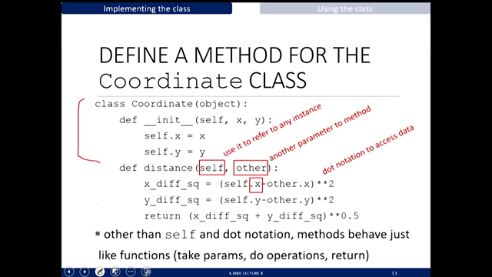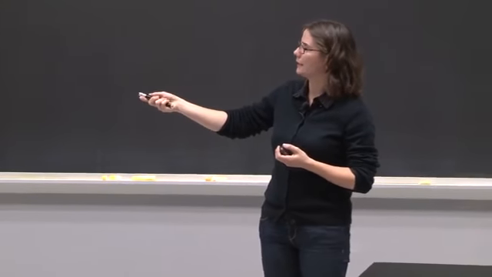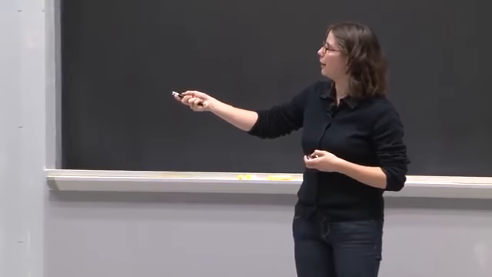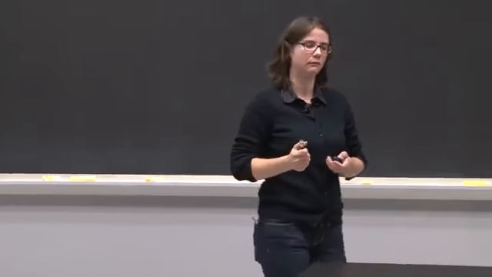As we're thinking about classes, you always have to refer to whose data attribute you want to access. In this case, I want to access the x data attribute of myself, and subtract the x data attribute of this other coordinate, square that, same for y, square that, and then add those and take the square root of that.